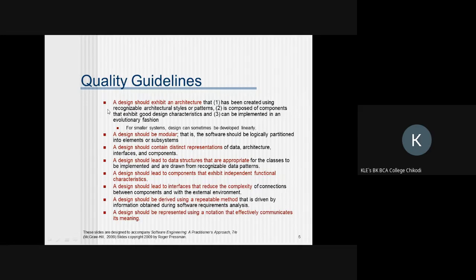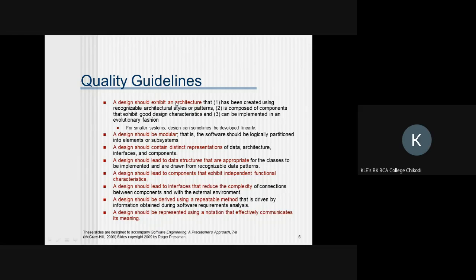Then quality guidelines. While checking the quality of a design, we have to consider these guidelines. A design should exhibit an architecture. It should have proper structure, and some of its inner things should not be exposed, so that it does not look complex to viewers.